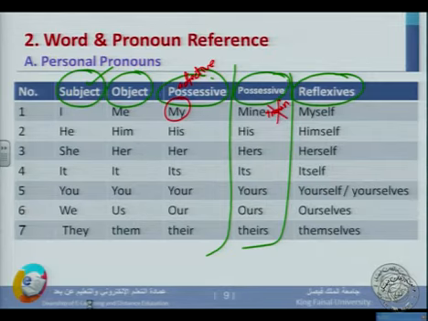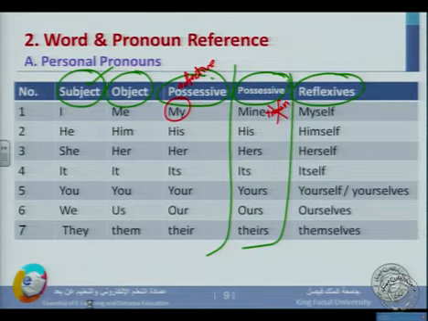مرة ثانية, this is his pen. This is his. This is her pen. This is hers. This is its pen, for the cats, for example. This is its. This is your pen. This is yours. This is our pen. This is ours.